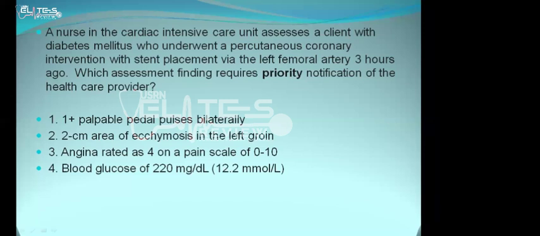I feel the wires go through that area during the procedure. Okay. Pain rated at 4 on a scale of 0 to 10, that's moderate to mild pain. Okay. Glucose level of 220, which is 12.5. It's also moderate.